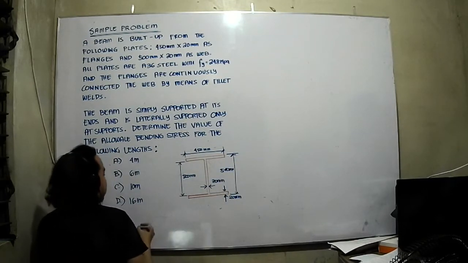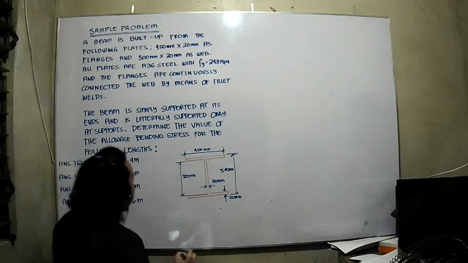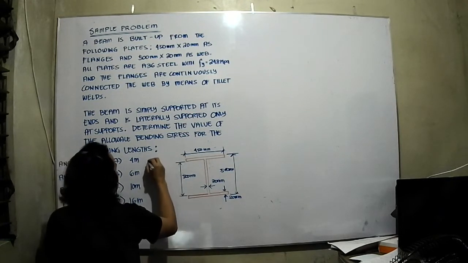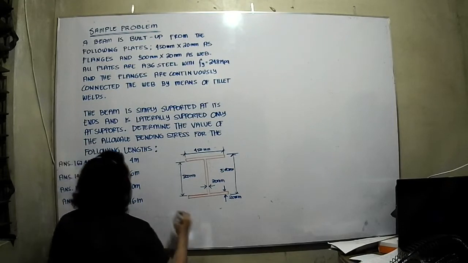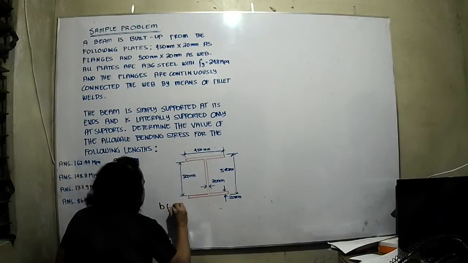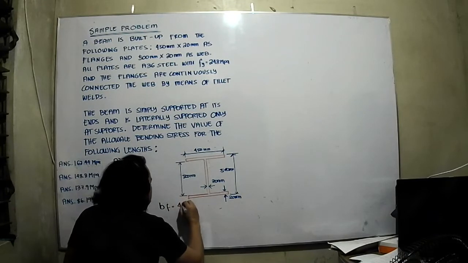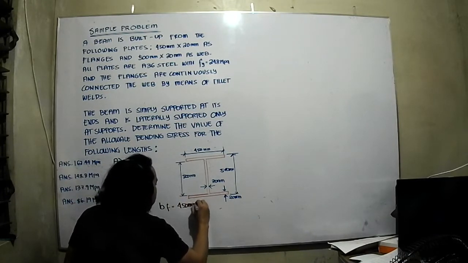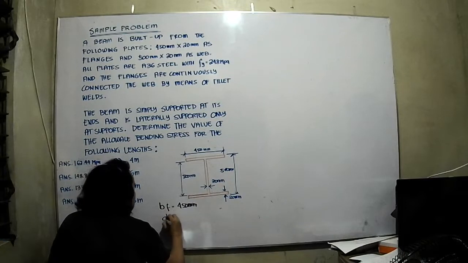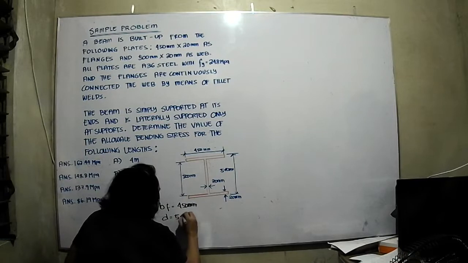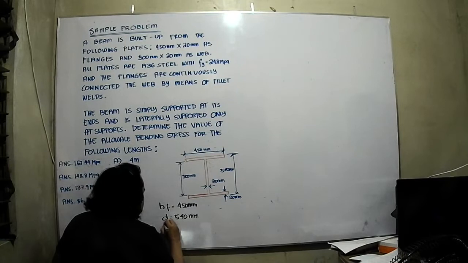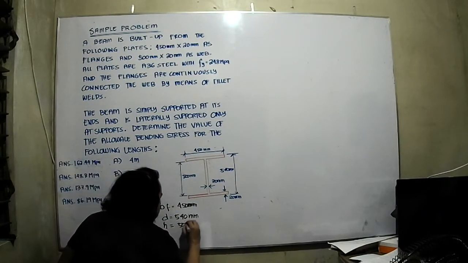Now, our properties: BF would be equal to 450 millimeters. D is equal to 540 millimeters. H is equal to 500 millimeters.